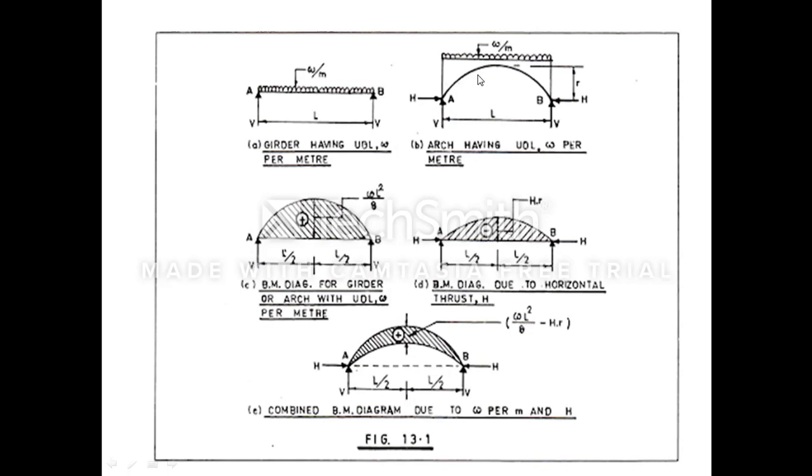So some bending moment is reduced because of this hogging moment. The sagging moment is countered by the hogging moment, meaning the positive bending moment is countered by the negative bending moment. Like that, some part of the bending moment value is reduced. When the bending moment value is reduced, the cross section also reduces. For smaller bending moment value, we require smaller cross section, as simple as that.